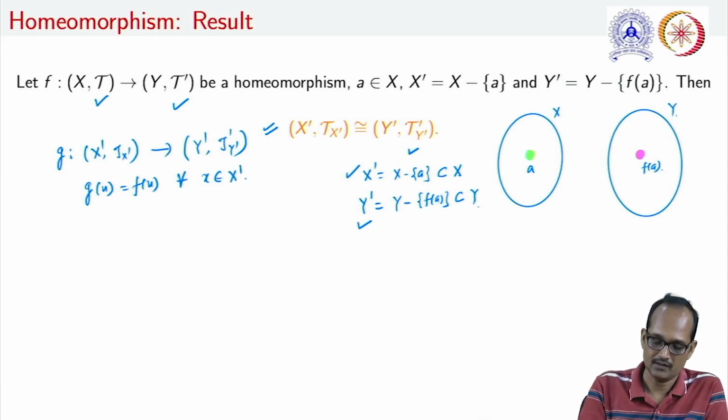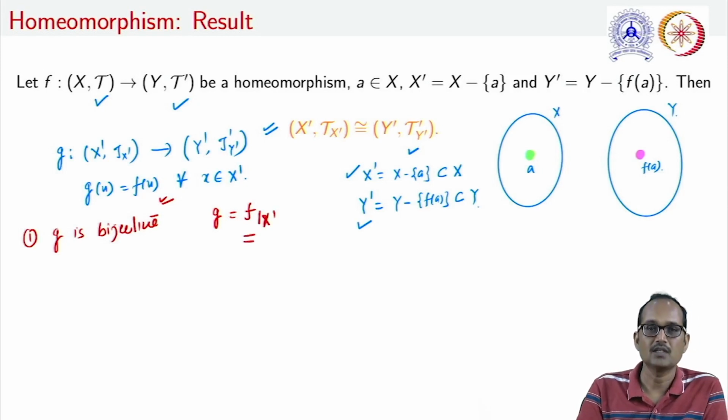Note that this g is bijective as f is bijective. In fact, this function g is nothing but the restriction of f over X dash.